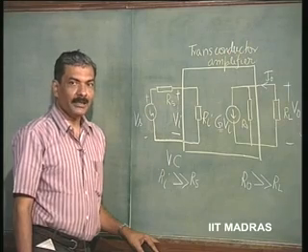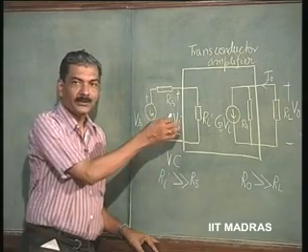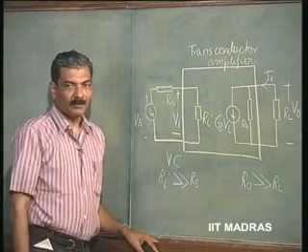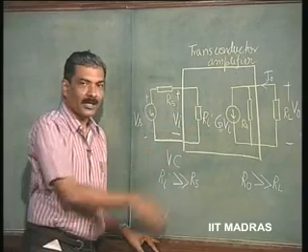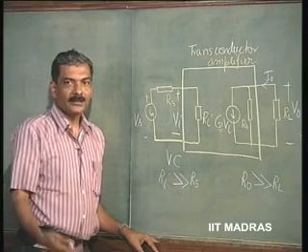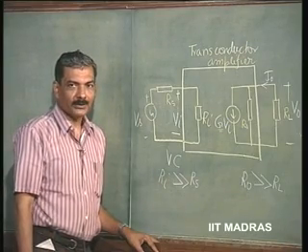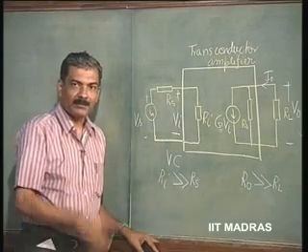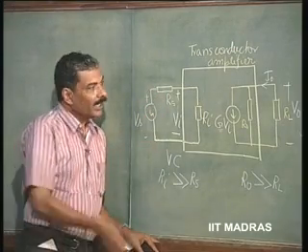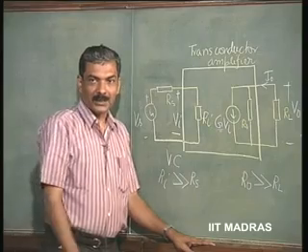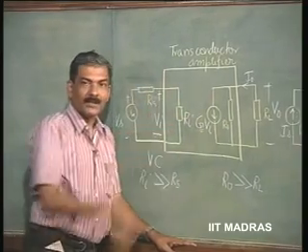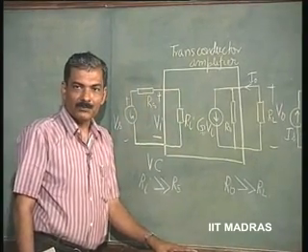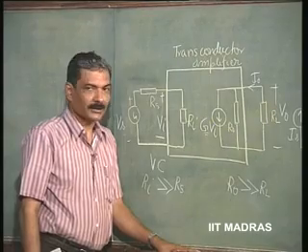A common emitter can be pretty close to this amplifier, where Ri is not really infinity, Ri is maybe of the order of tens of kilo ohms, okay. And therefore, for source resistance of the order of kilo ohms, it can still be considered as voltage controlled, and it is strictly speaking a good current source, where R naught is of the order of hundreds of kilo ohms for BJTs, bipolar junction transistors.